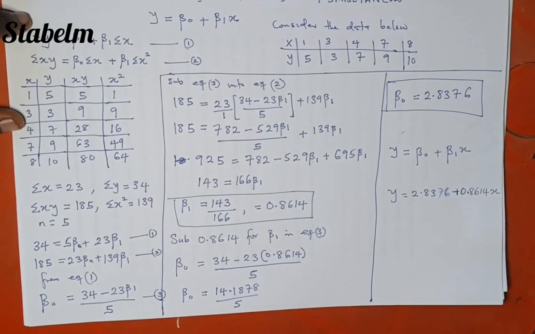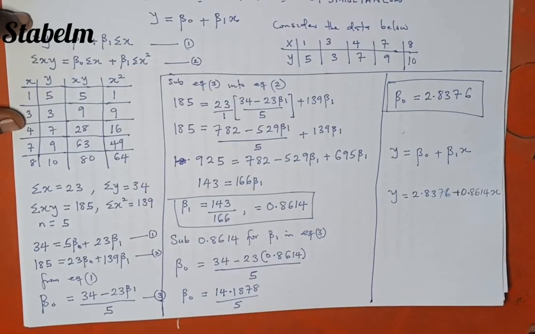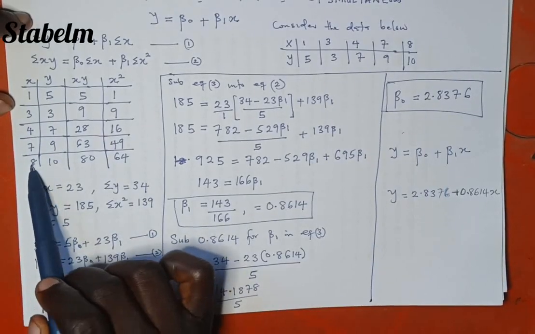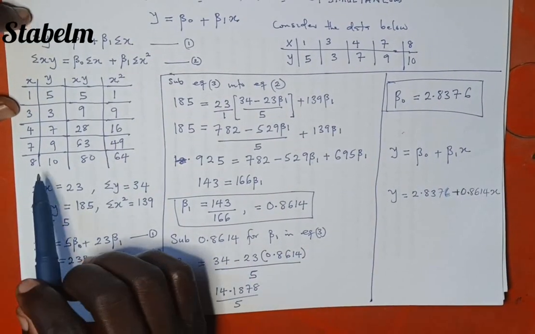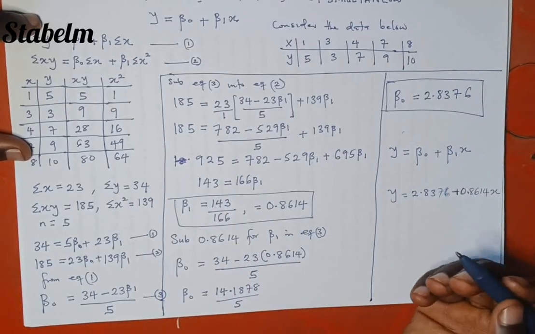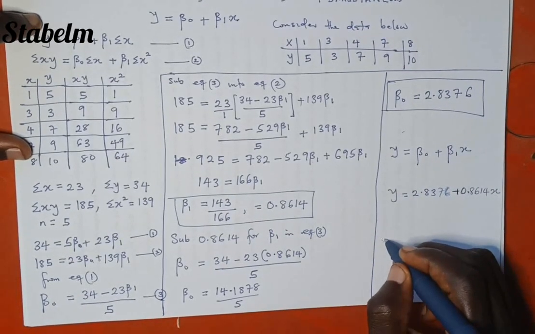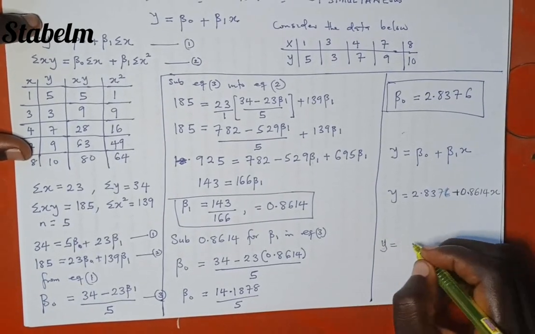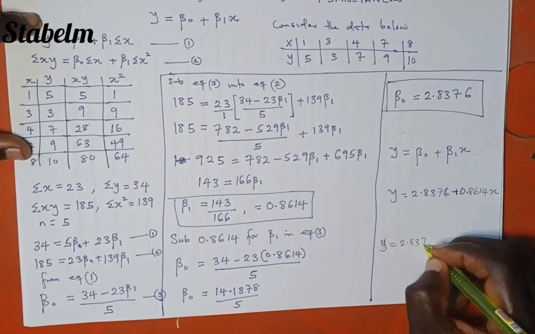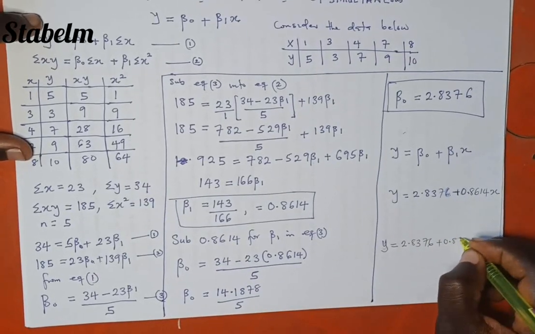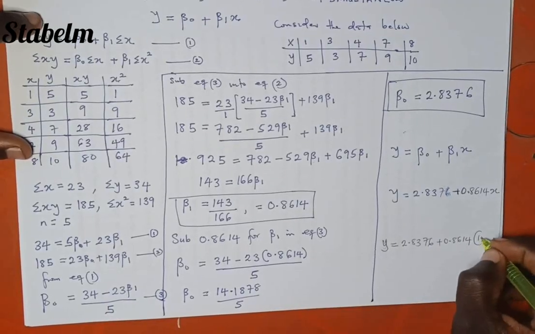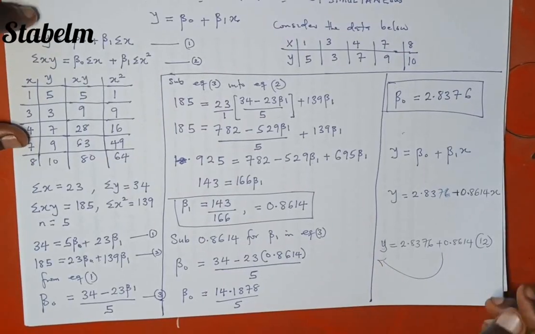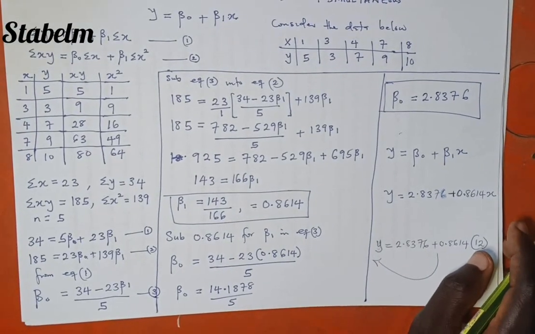Now if you want to predict, let's assume this is year 1, year 2, year 3, year 4, year 5. If by year 6 the value of x is 12, what do you do to predict the value of y? You just make y equals 2.8376 plus 0.8614 into bracket 12. Whatever value you get here is the corresponding value of y.